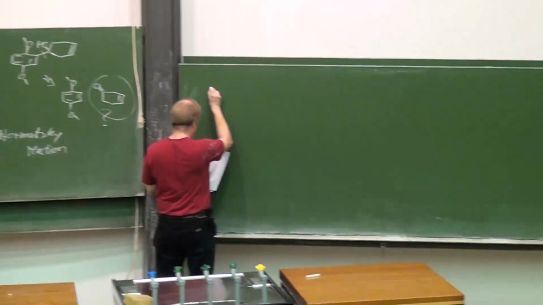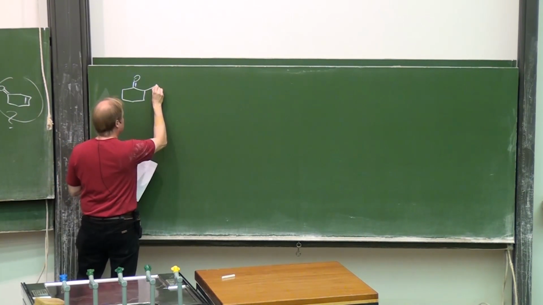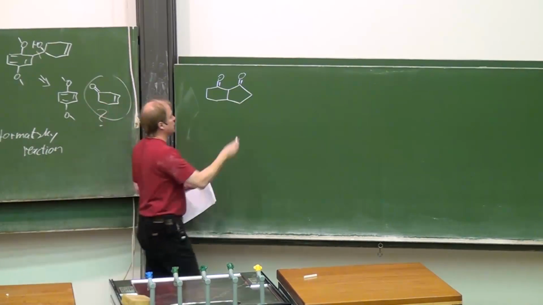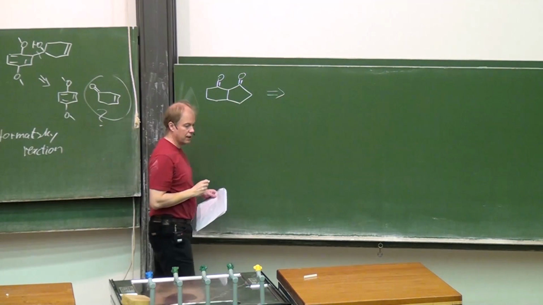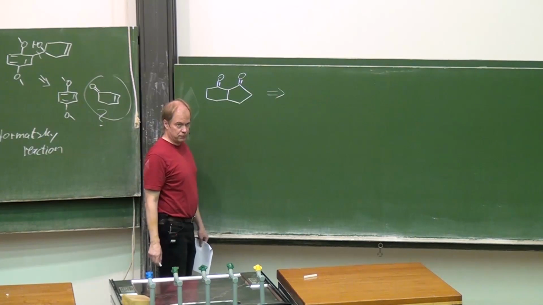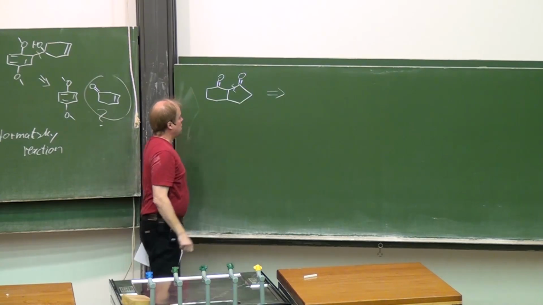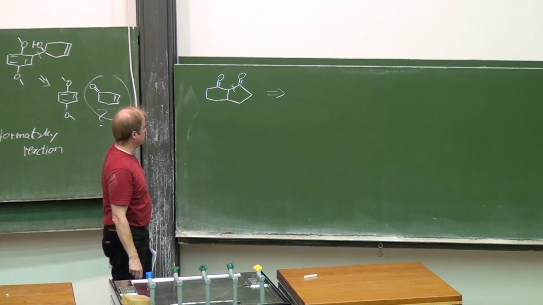Next exercise: please try a retrosynthetic analysis of this target. So the first step in the retrosynthetic analysis of this target is, of course, simple. The other steps then are somewhat tricky, as we will notice.